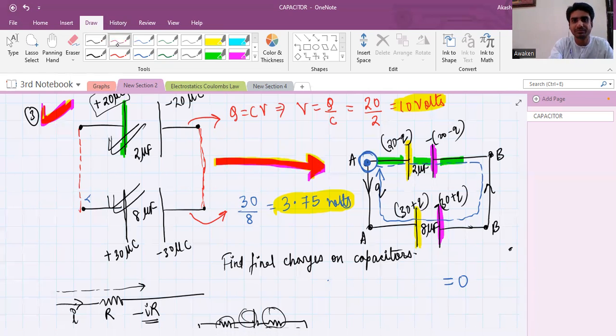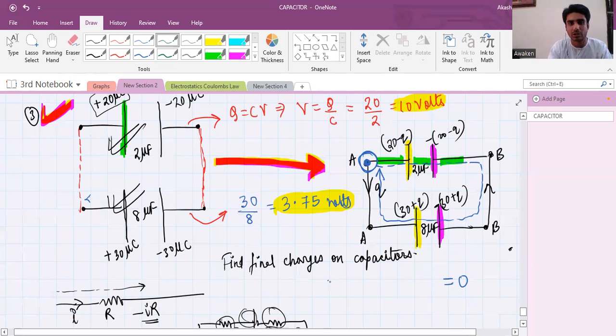Tell me. The potential difference across the capacitor, Q equals C into V, so V equals Q by C. So it is 20 minus Q by C. Is that good? This is the potential drop, so we'll write minus. Don't forget.